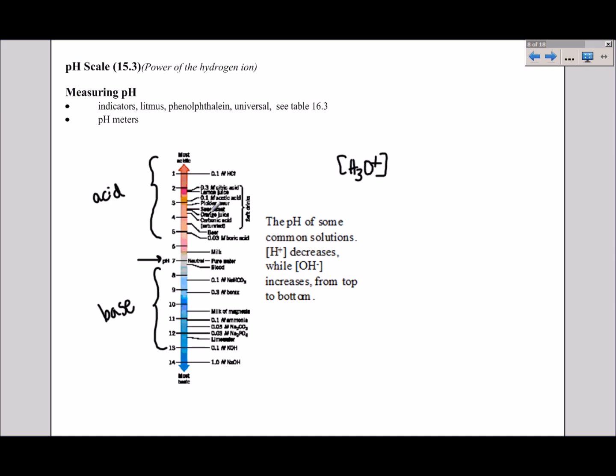So when we look at the scale, the solutions that are most acidic, or lowest on the pH scale, have the highest concentration of H3O plus. And the entire scale monitors H3O plus concentration, and when we are very high on the pH scale, what that means is that we have a really low concentration of H3O plus.